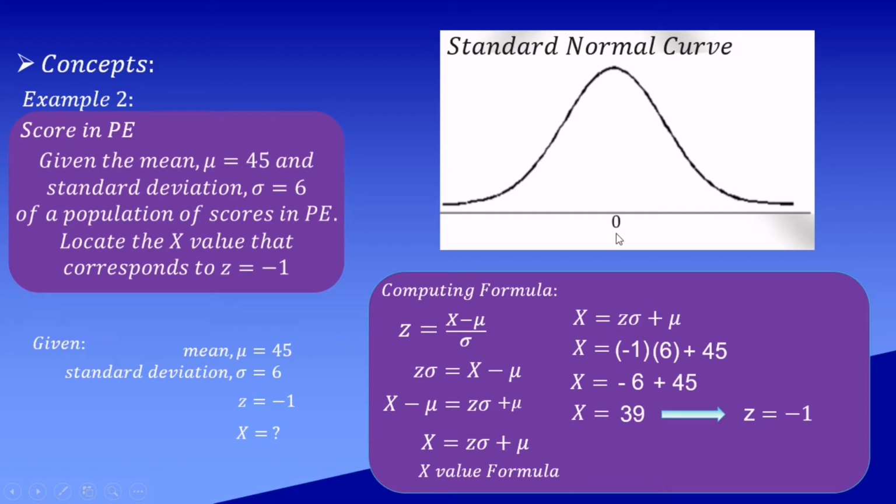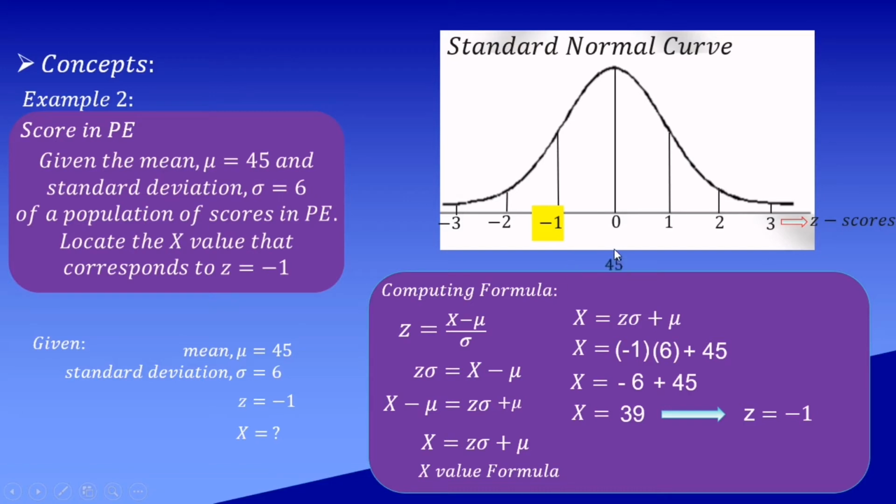Again, ang sa gitna is our mean. Standard deviation is 1. So, yung z-score natin is positive above the mean, and below the mean is negative 1, negative 2, negative 3. So, ito yung z is equal to negative 1. And for our x value, so our given x value, the mean is 45.